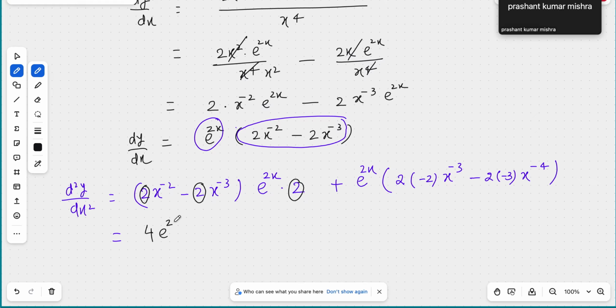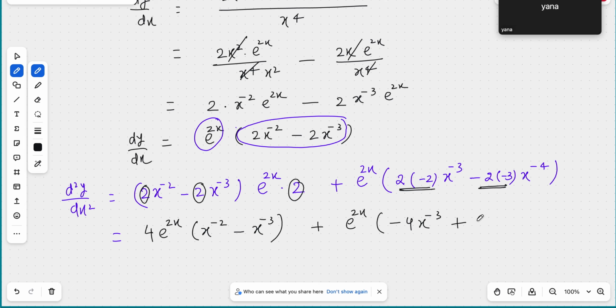And this is e raised to the power 2x, and then we have x raised to the power minus 2 minus x raised to the power minus 3. Same case here, this is minus 4 and this is plus 6, right? So this is e raised to the power 2x, and this is minus 4x raised to the power minus 3, and this is plus 6x raised to the power minus 4.